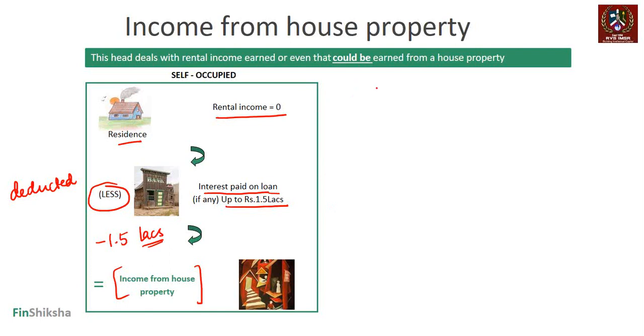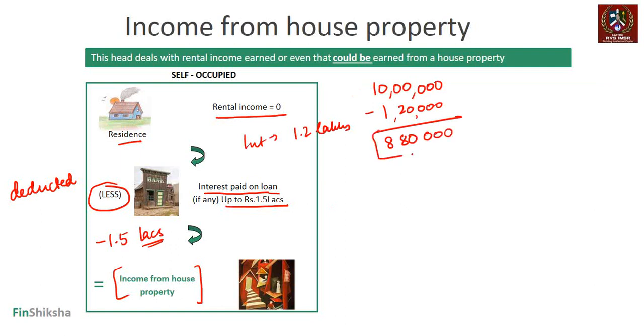Remember, if you have an income of 10 lakhs and you're staying in a self-occupied home, and let's say the interest component that you're paying out is 1.2 lakhs, then the entire 1.2 lakhs can get subtracted. Your total income on which the tax will be calculated is only 8,80,000, right?